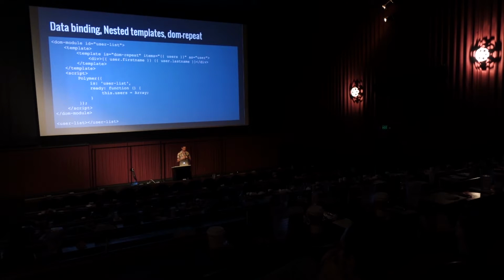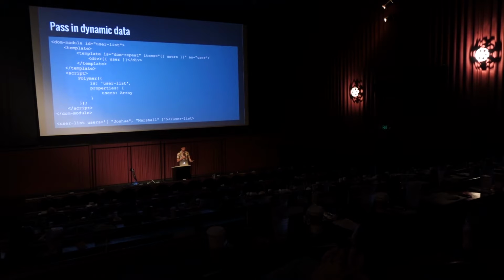We have to tell it what items we're looping through. This is users that we set in our ready function. And on each loop, each item we're setting as a user. Inside of that template tag, we then can bind data with curly braces, user.firstname, user.lastname. And this gives us another way to deal with data that we do day-to-day in our applications.